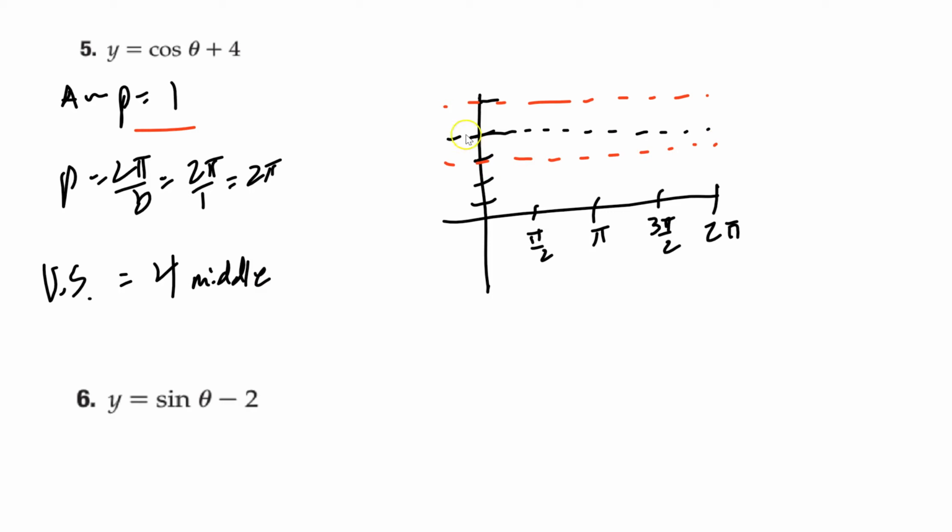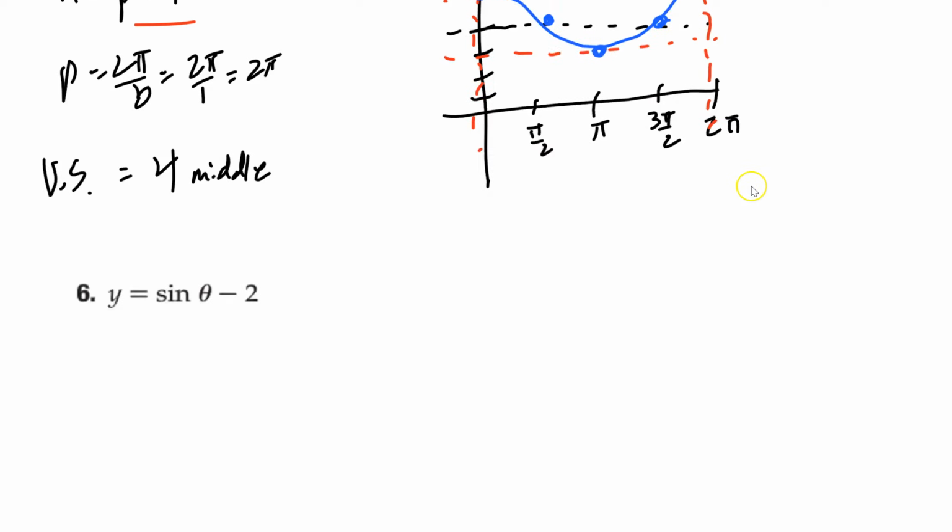I'm starting at 0 because we don't have any phase shift, and I'm ending at my period 2 pi, also known as 0 plus 2 pi is 2 pi. So that's the area of my graph. Then we just graph cosine. Cosine starts at the amp, ends at the amp, halfway is pi. That's my lowest, and in between is where I cross the middle. And you get a graph like that. Something to that effect.